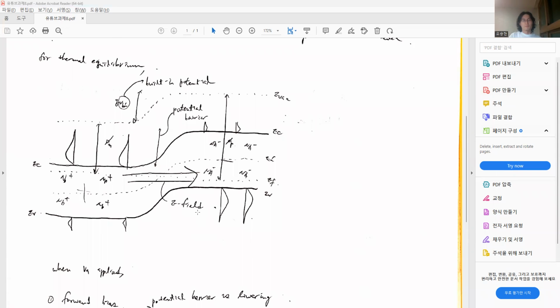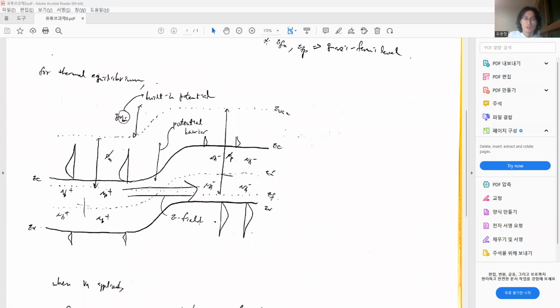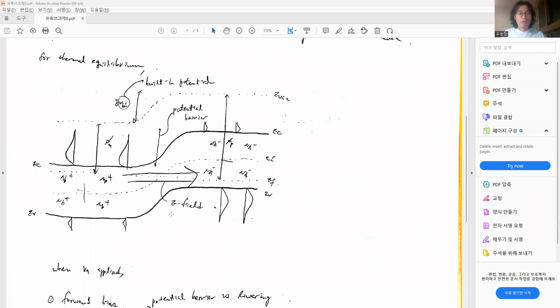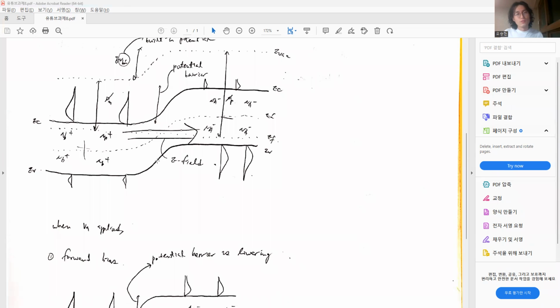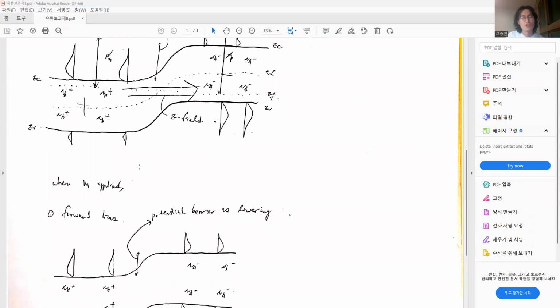And when we apply the voltage, which can overcome this intrinsic E field, this can be named as the forward bias, which is that the built-in potential energy barrier is lowered as before.